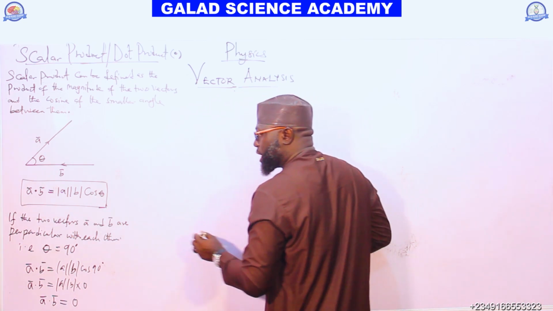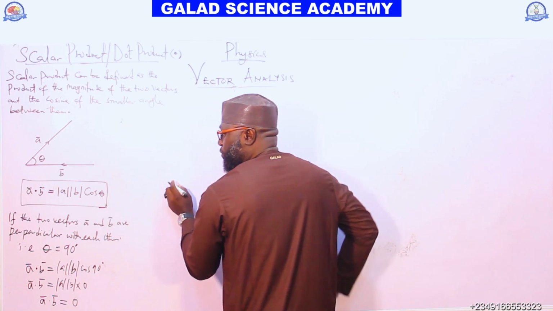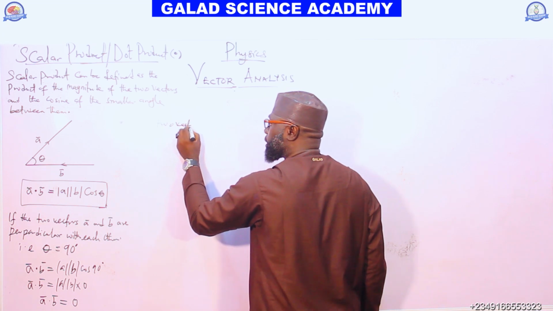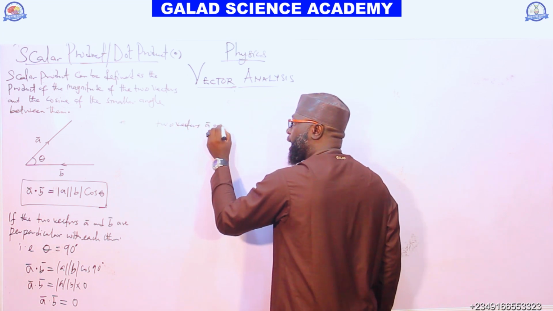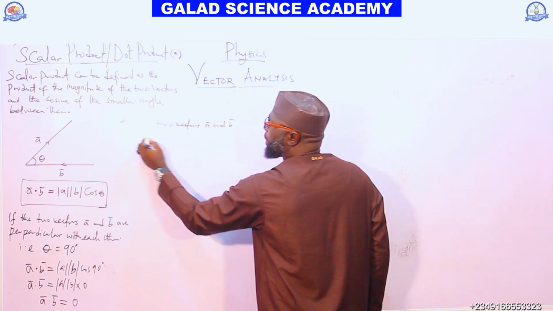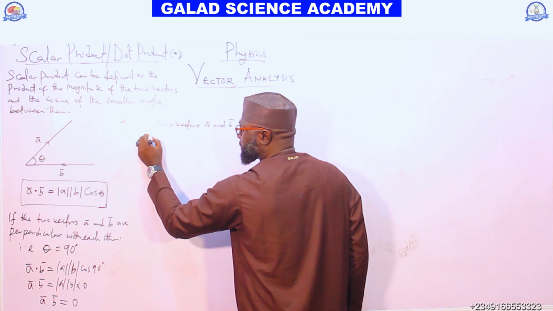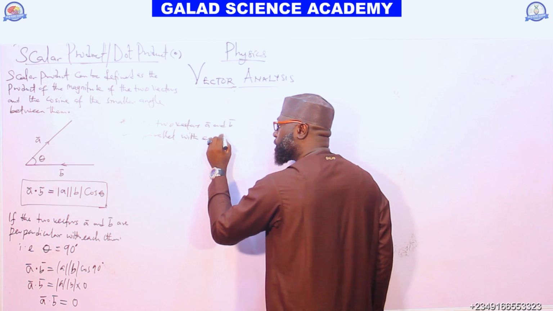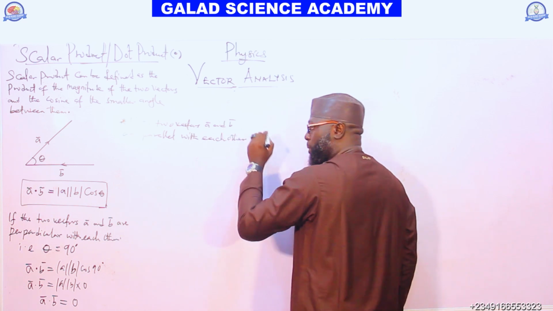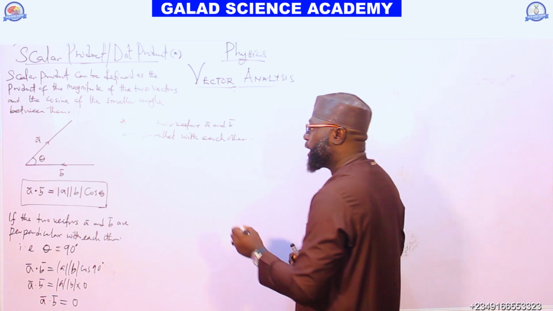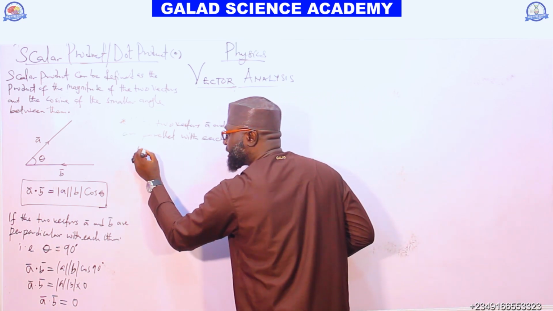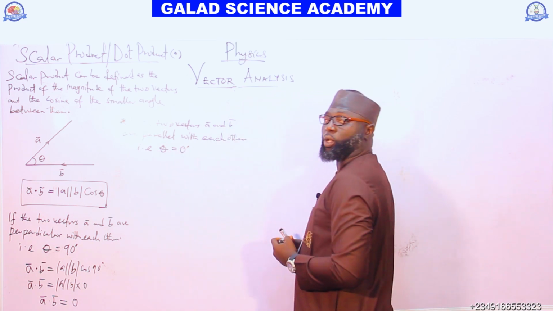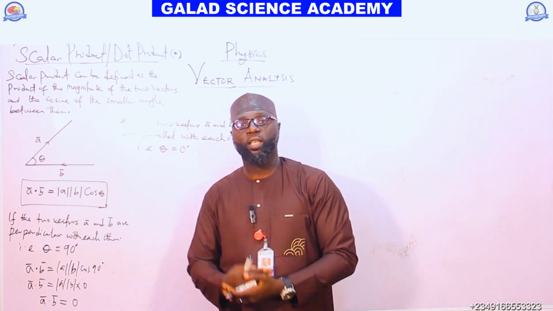Another case: if the two vectors A and B are parallel with each other, theta is equal to 0, since the angle between two parallel lines is 0.